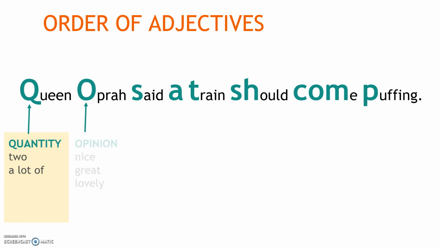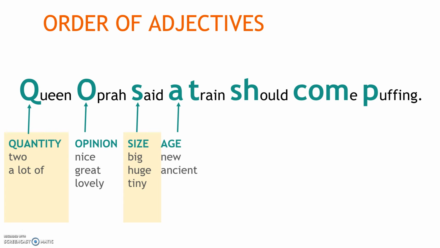Then you have opinion adjectives like nice, great, lovely. Then you have size adjectives: big, huge, tiny. After that, you have age adjectives: new, ancient. Then you have temperature: cold, warm.